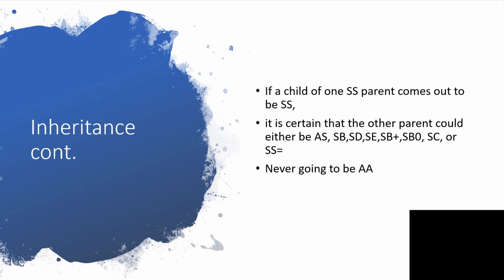It's either the lab got it wrong or the man lied from the beginning, because it is impossible for AA to marry SS and have SS kids. No. So it's either the man is AS, SC, SB, or S whatever. S is part of his genotype.